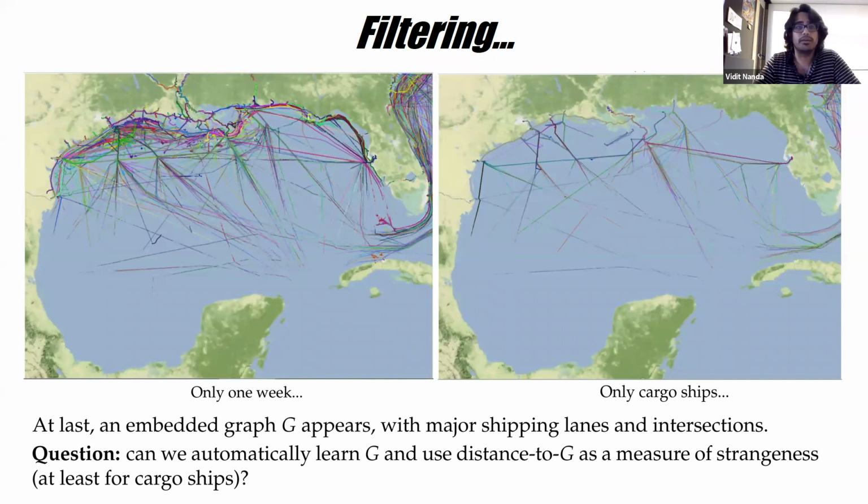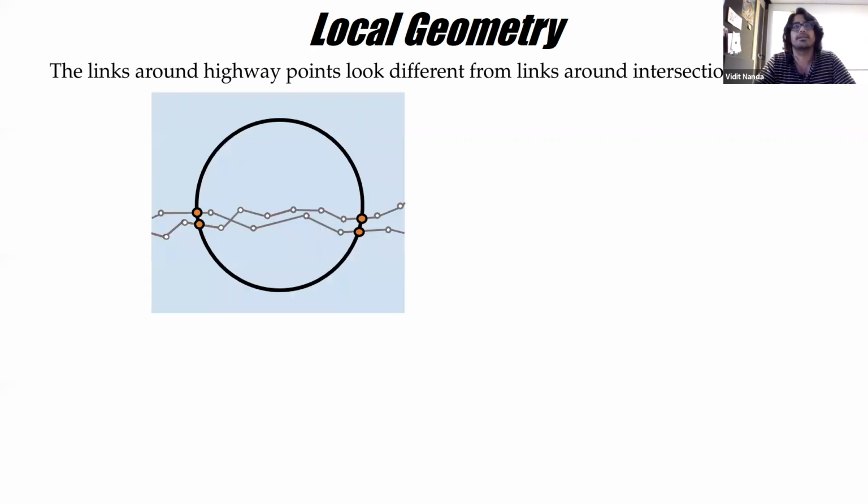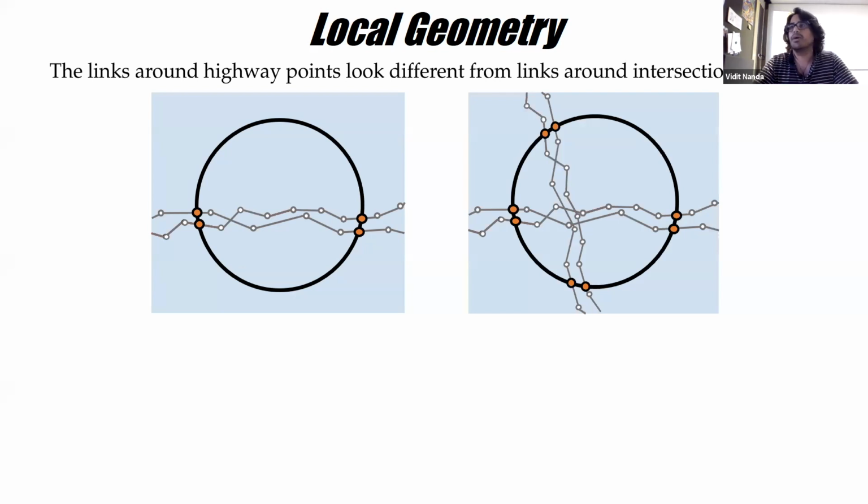No. Okay, good. So the idea is to exploit what we've learned about links. The links around points that live on these highways far away from the intersections are very different from the links at intersections. Here's a typical case, you're just going straight across in your own shipping lane. Maybe you have a friend going parallel, maybe in the opposite direction, but this is fine. And here is one of these interesting points where things came apart and then came together and went apart.